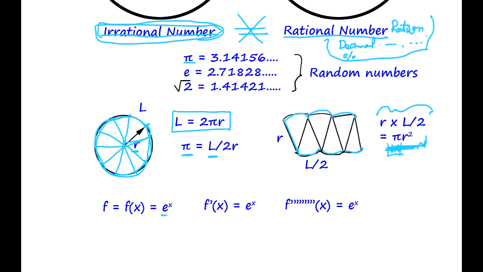Why is e so important? Euler found out that when you take the derivative of the exponential function with e, it's the same function. That means no matter how many times you take a derivative, it's always the same function. So for the exponential function with e, the derivative function is itself.